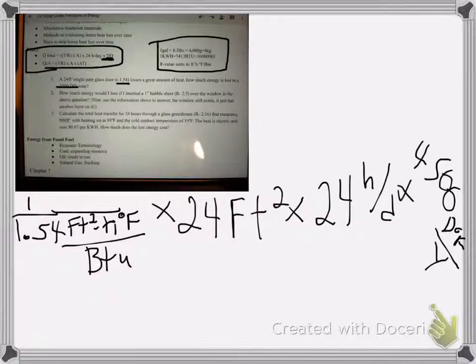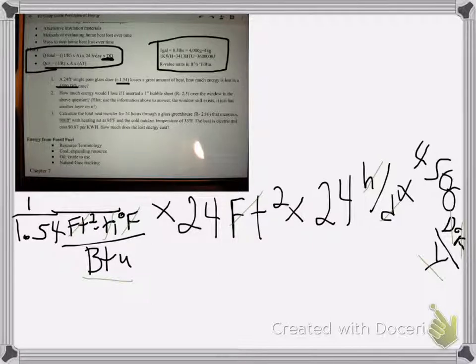As for units, the feet squared and feet squared will cross out, my hours will cross out with my hours, my degrees Fahrenheit with my degrees Fahrenheit, days will cross out with days, and I'll be left with BTU and year.